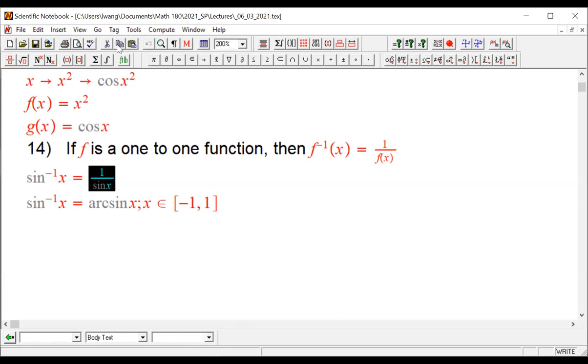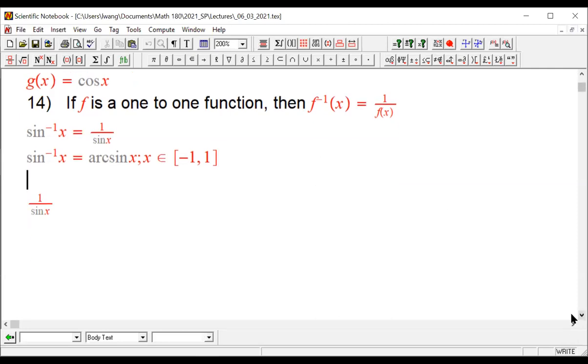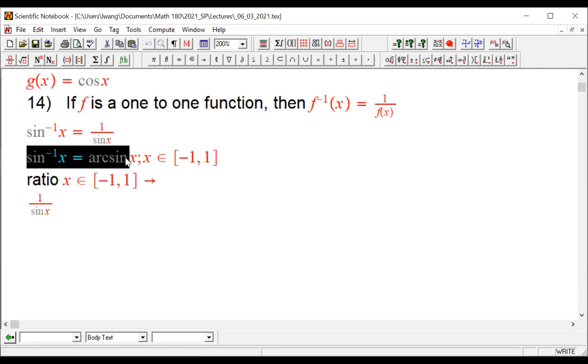How about this guy? The input, right? So let me go from another perspective. This is also an opportunity for us to review: the ratio x, which is in this interval, is the input, and you give it to sine inverse, arc sine.